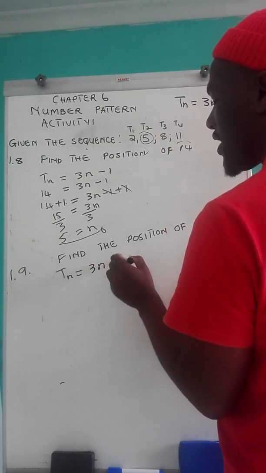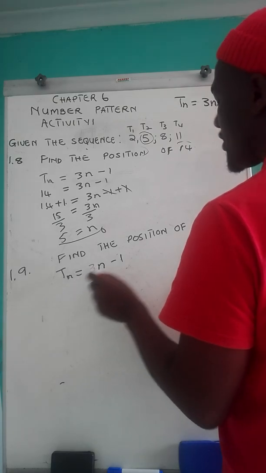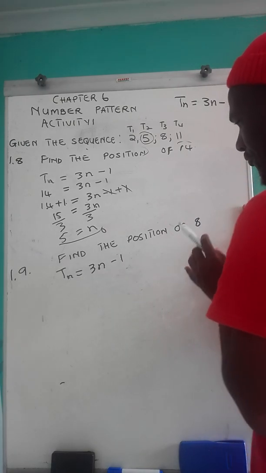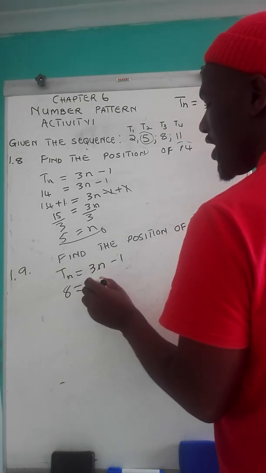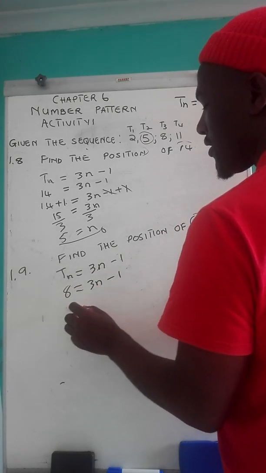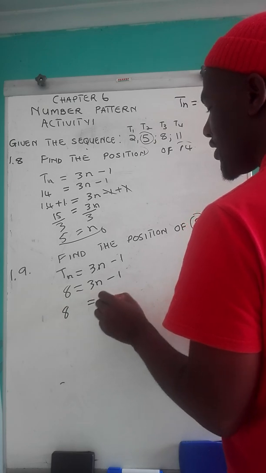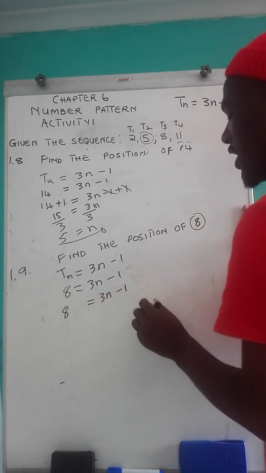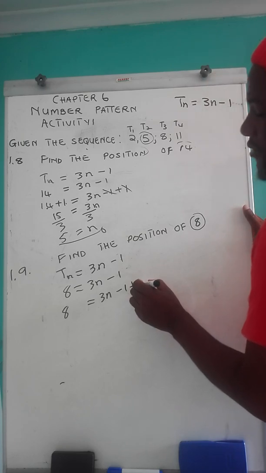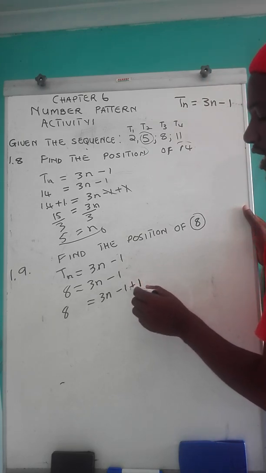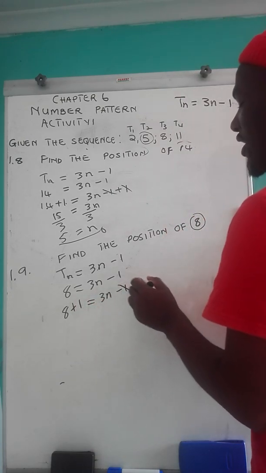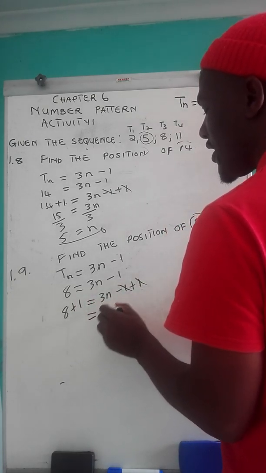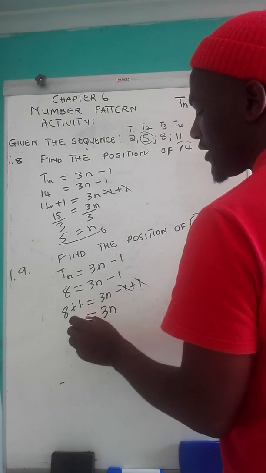It's 3n minus 1. What is the Tn, the general term? It's 8. We need n. This is 8 equal to 3n minus 1. I need to add plus 1 because I need an additive inverse to cancel this minus 1. So I'll also add 1 on this side. That and that they cancel. It's 3n. 8 plus 1 is 9.